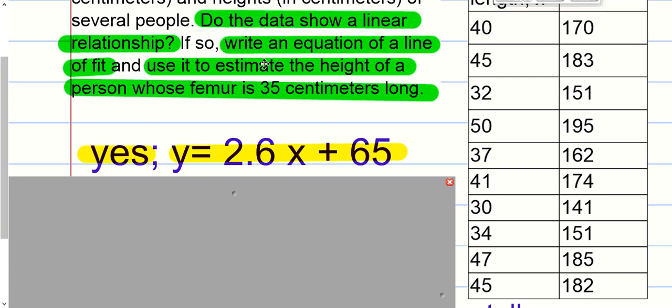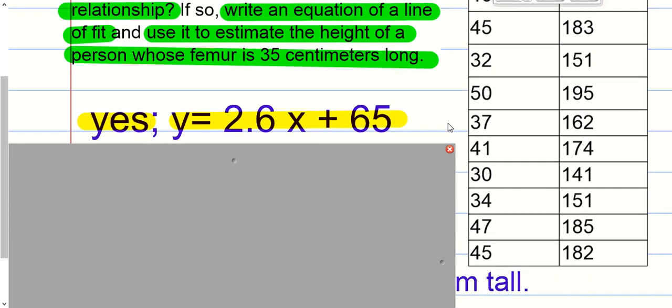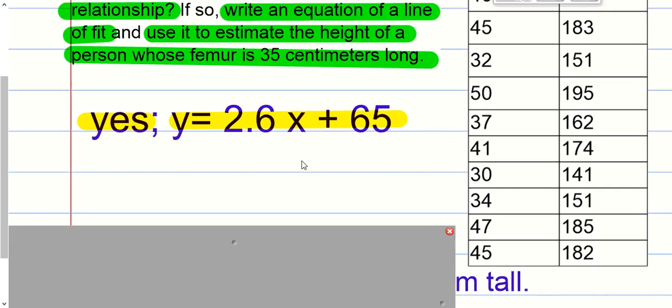Now, use it to estimate the height of a person whose femur is 35 centimeters long. Well, if I scroll back up here, my femur length is x. So really, all I have to do right here is to go ahead and plug in 35. So I have y equals 2.6 times 35 plus 65.